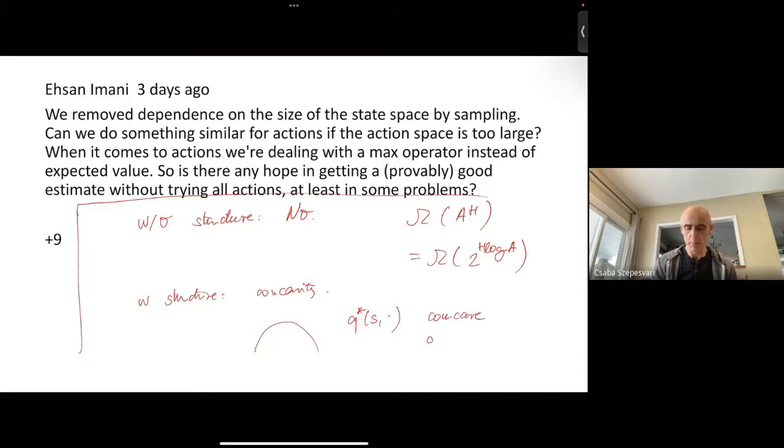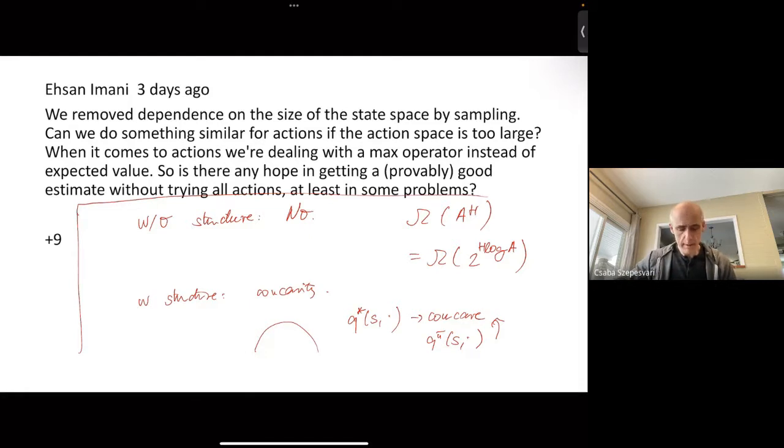Or maybe all the Q pi functions are concave. Then that buys you the hope that maybe you can do something about this action problem, where the complexity tends to blow up if you have a large number of actions.